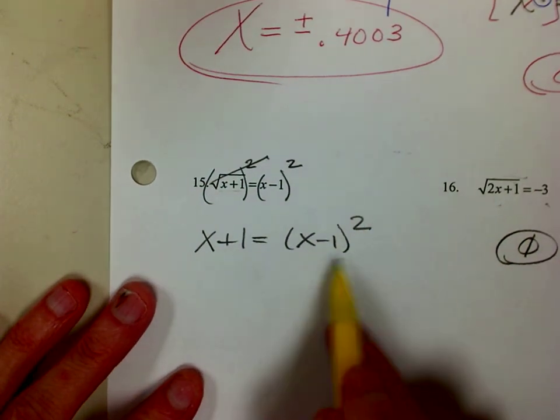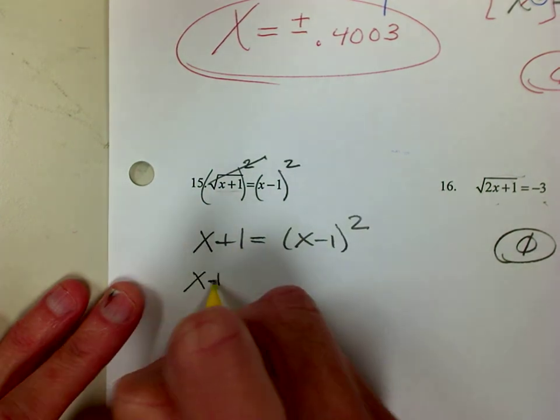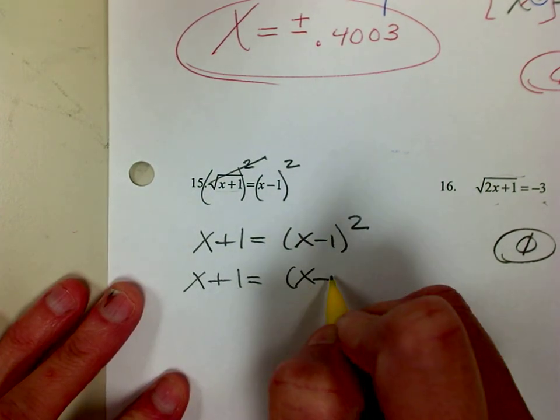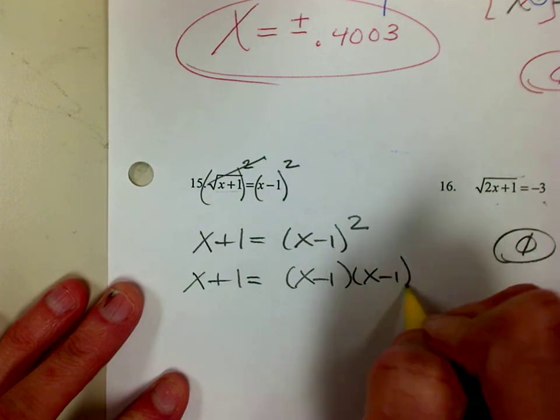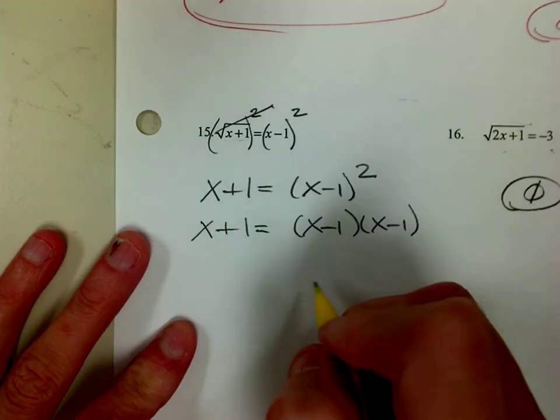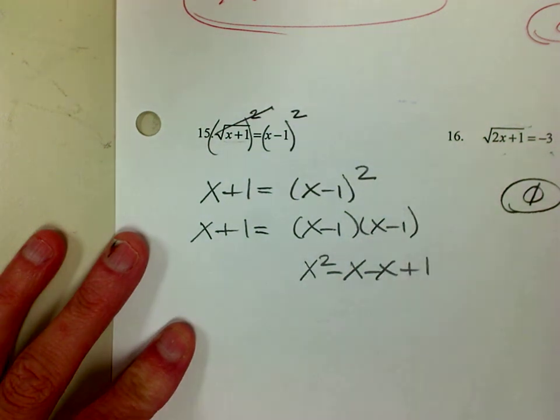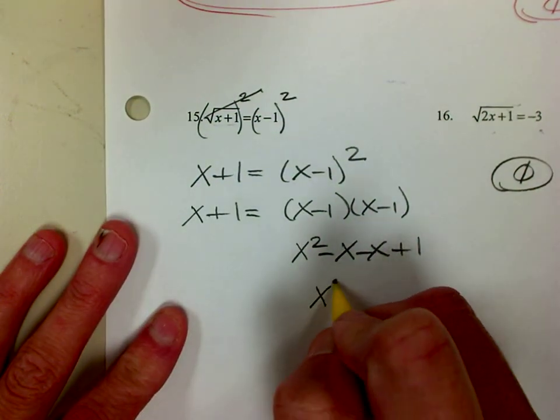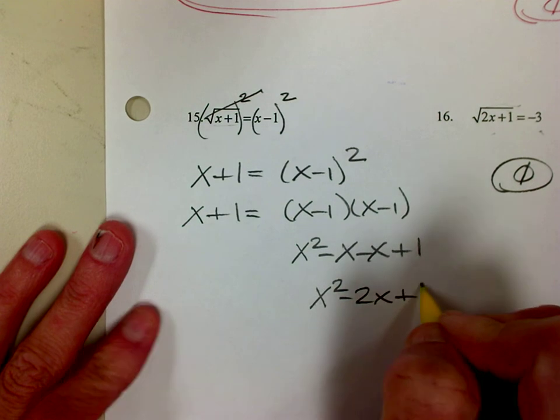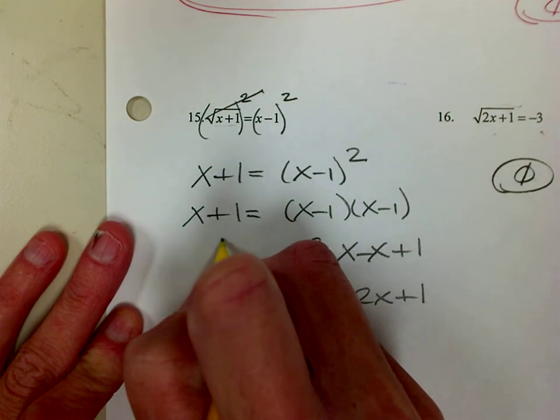Well, now I'm going to have to FOIL that out. To FOIL that out, I get x squared minus x plus 1. If I combine that, I get x squared minus 2x plus 1, and then I'm just going to bring this down.